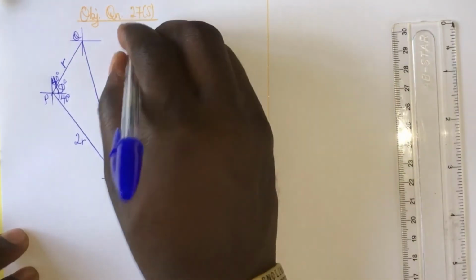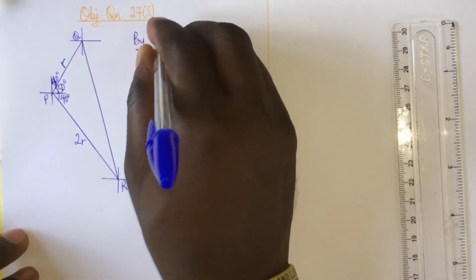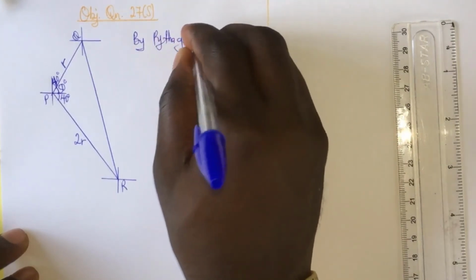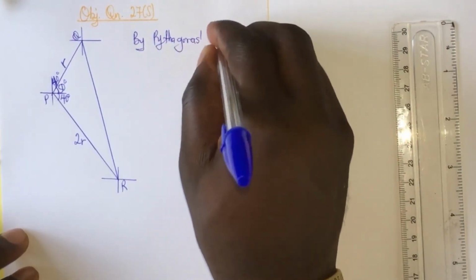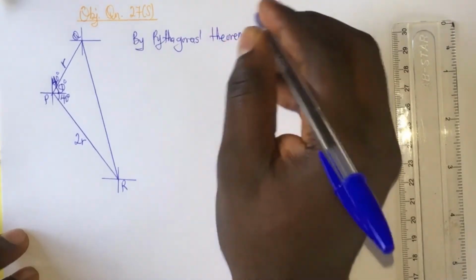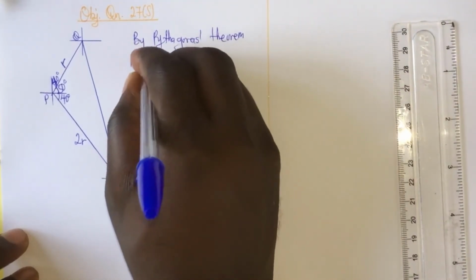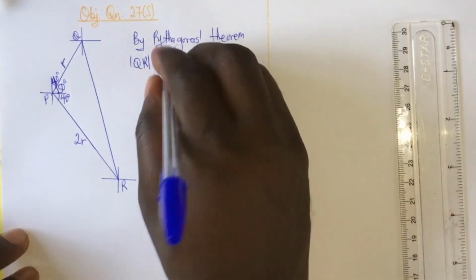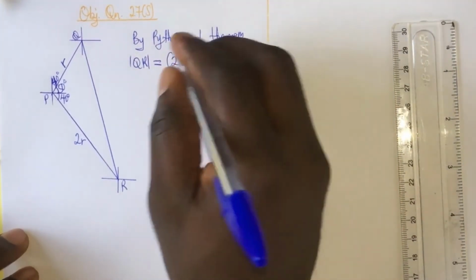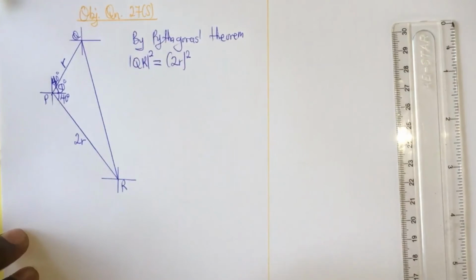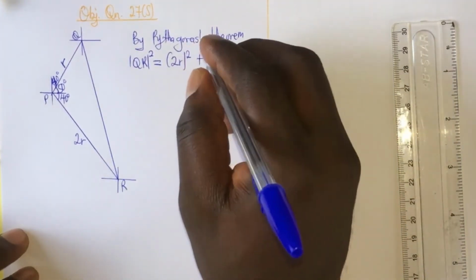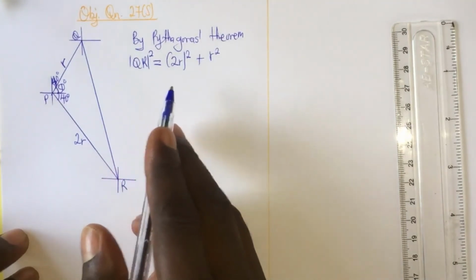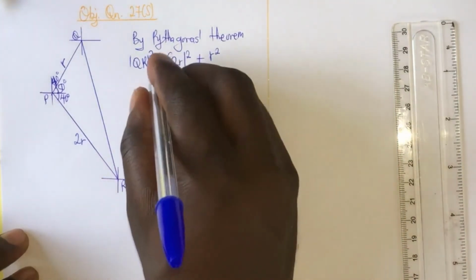So by Pythagoras theorem, our QR squared will be equal to 2R squared plus R squared.